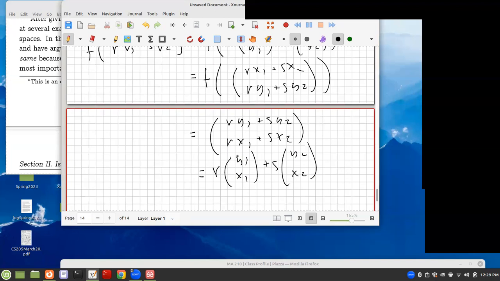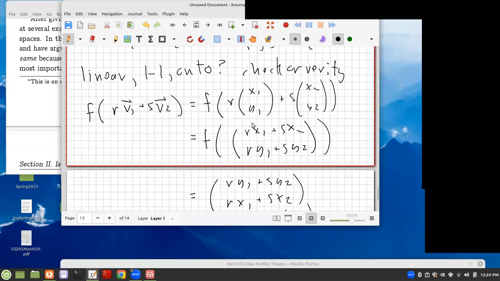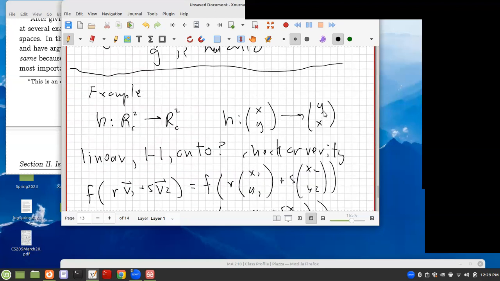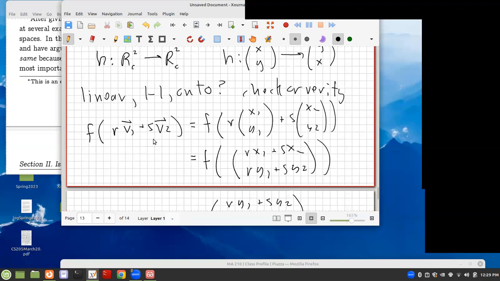And we can see that this is R times H of v1, because this is the image, it just flips the image, plus S times H of v2. I keep getting stuck on the letters F and H.